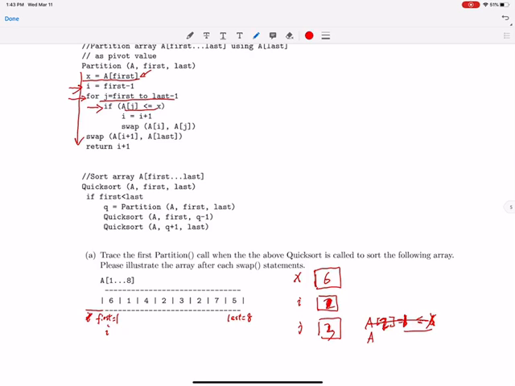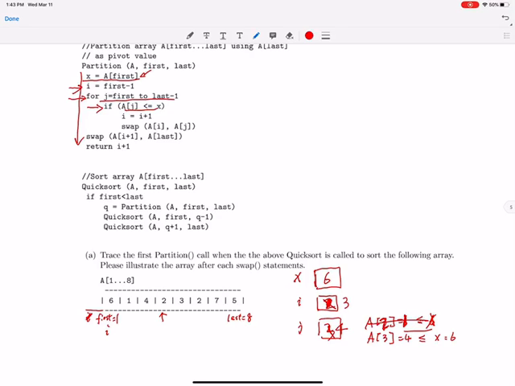A[3] is 4. It's still less than or equal to x, which is 6. So i will be increased to 3, and swap A[i] with A[j], nothing happened. Now j will be 4. A[4] is 1, 2, 3, 4, A[4] is here.